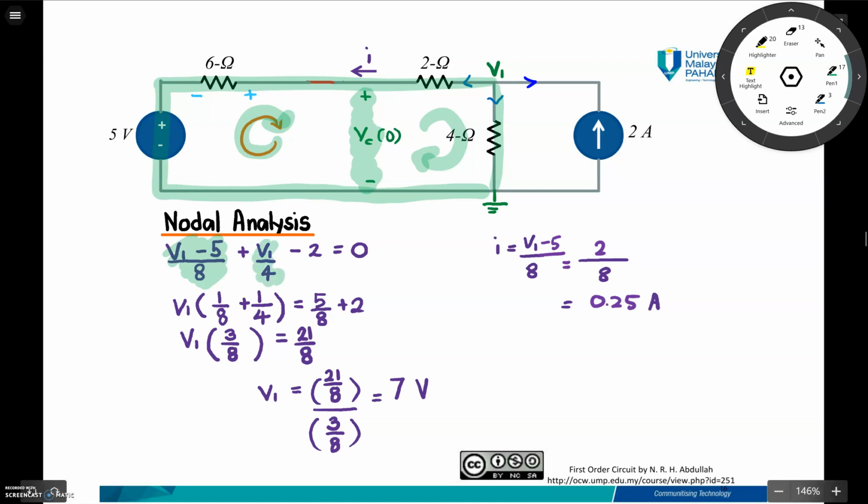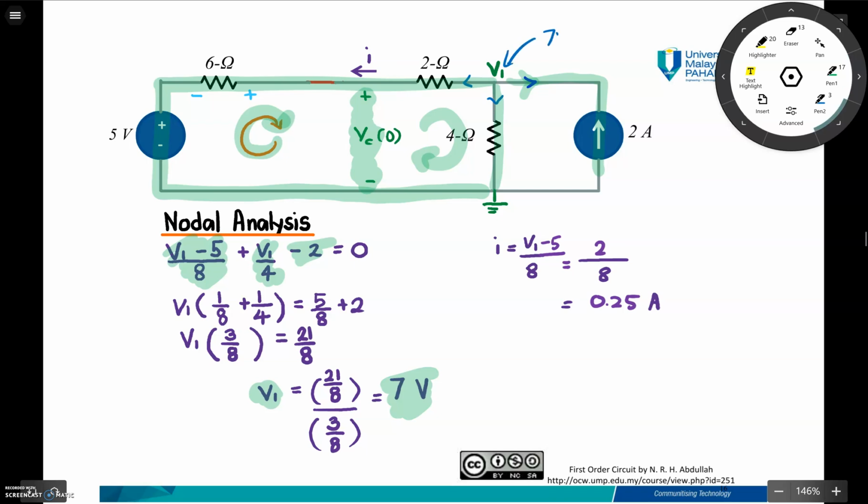And then you can see that at the final branch, there is a current source that is in the opposite direction of the currents that you assumed previously. Therefore, the equation of the current at that branch is minus 0, and that will be equal to 0. You arrange the equation, and then the final value of V1 will be 7 volt.